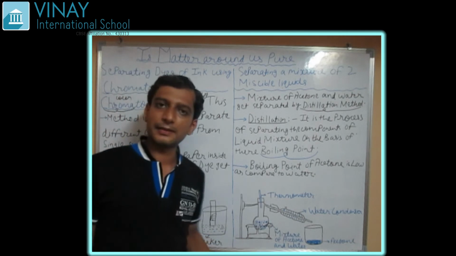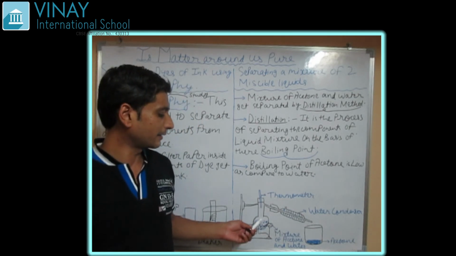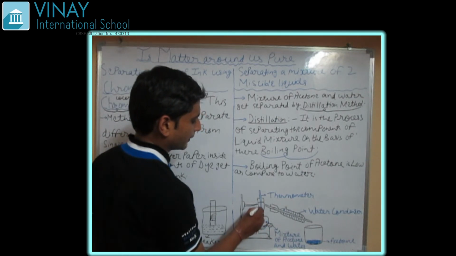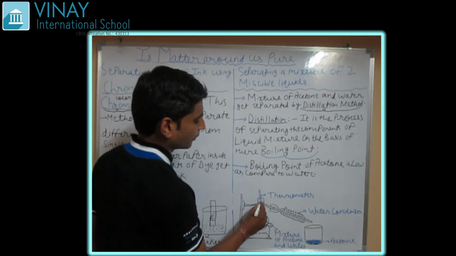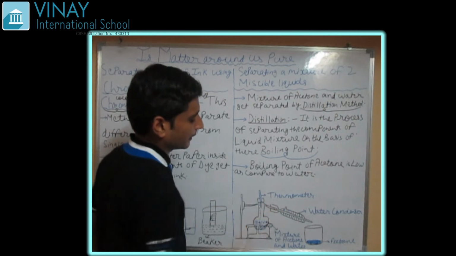So as soon as the temperature reaches that, the acetone will start rising upward. Since there is no other opening here, this acetone will start passing over to this condenser.